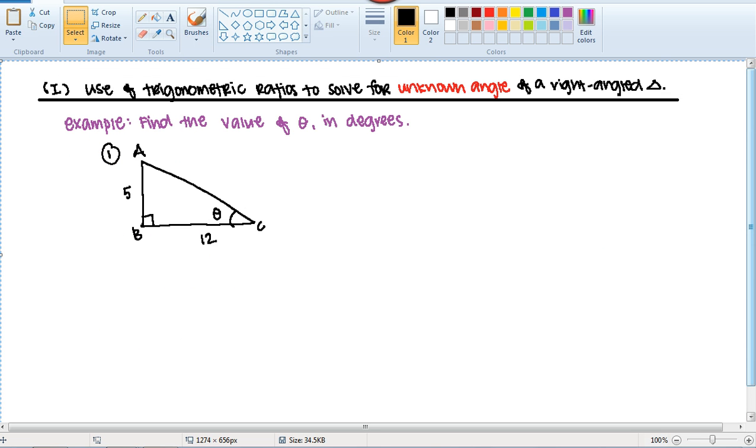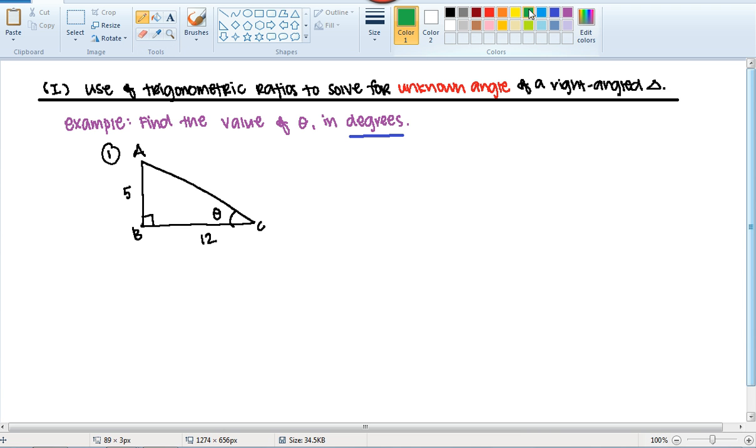We'll get to see how we can make use of trigo ratios to solve for an unknown angle of a right-angled triangle. This question is asking us to find the value of theta in degrees. The keyword here is in degrees, so please make sure that you do a calculator check and ensure that your calculator is in degrees mode.